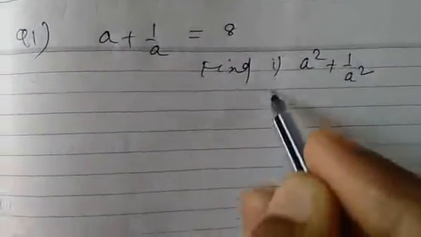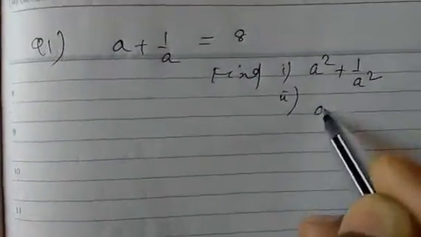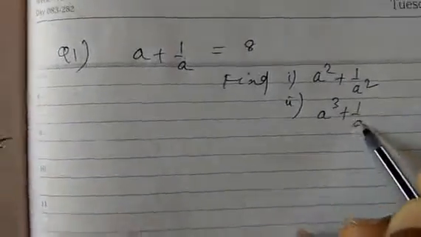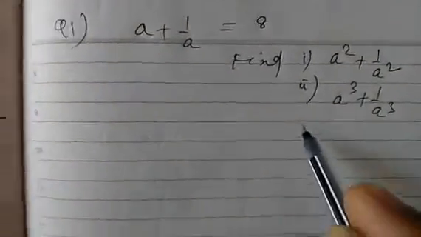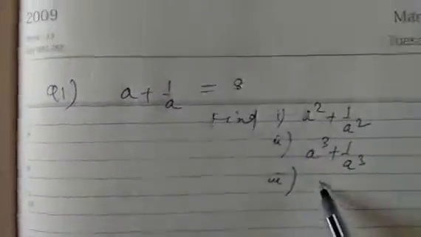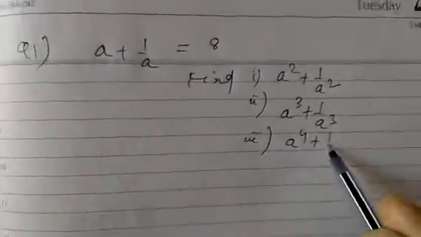Second, a cube plus 1 by a cube. And third, a fourth plus 1 by a fourth.